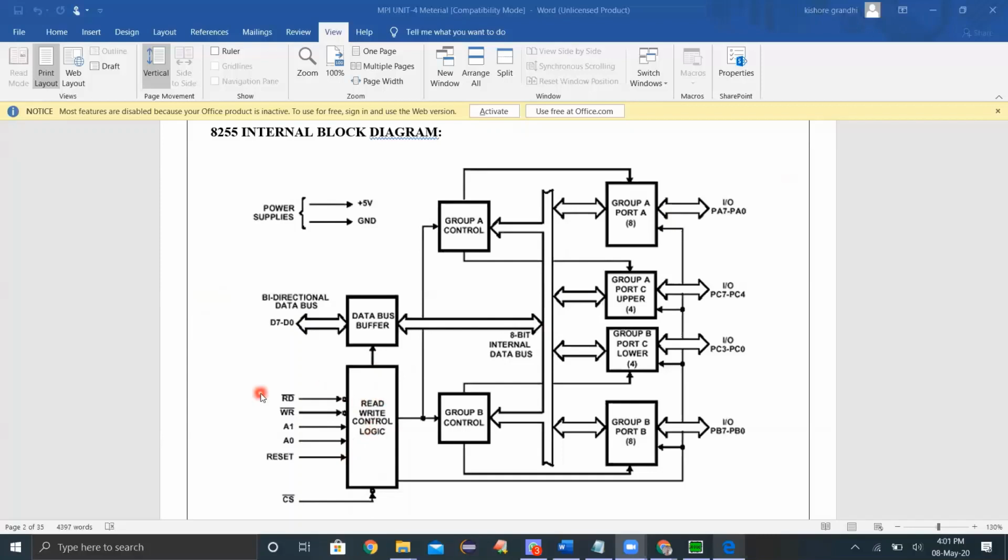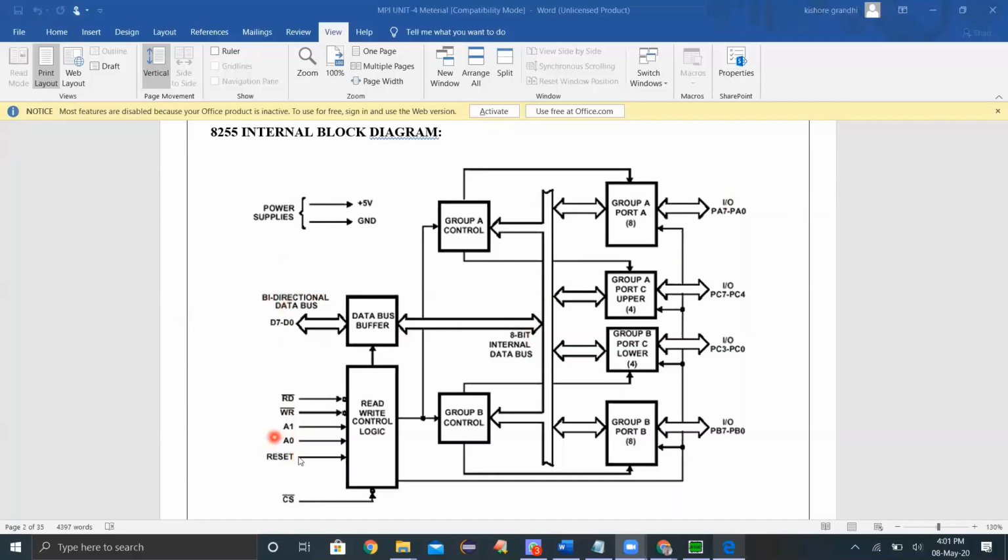This unit consists of RD, which is a read signal, which is active low, used to read data from input-output devices to the processor, and the write signal, which is also used to write information from the 8086 processor to the input-output ports or devices.